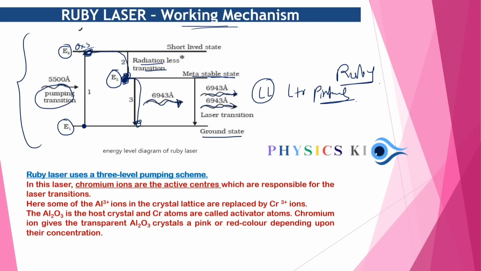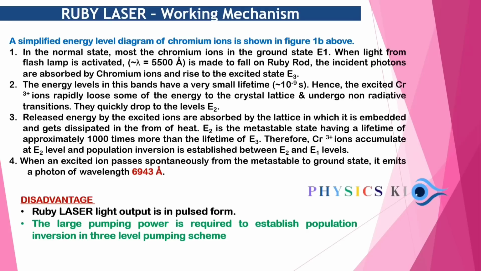In this diagram you have to write that this is the three level pumping scheme, and chromium ions are the active centers. Then explain what we learned from the energy level diagram. From the ground state, chromium ions go to the excited state E3.